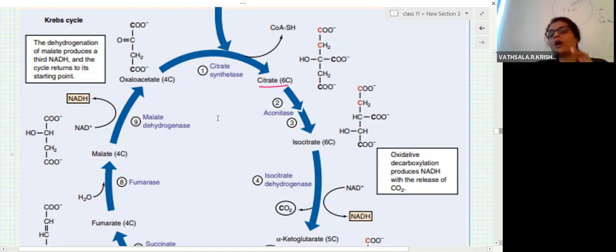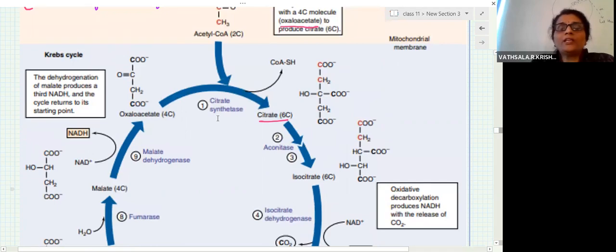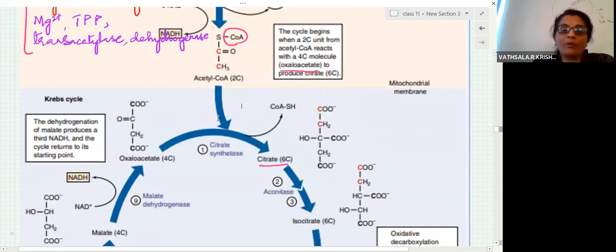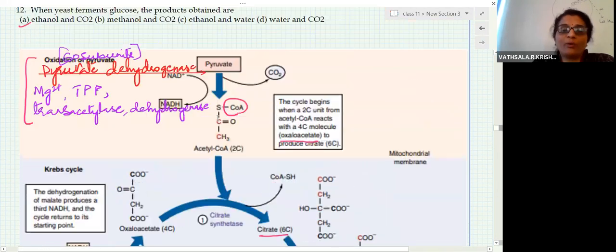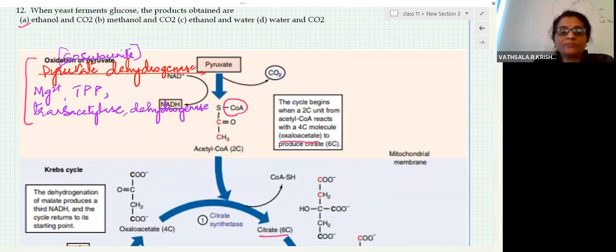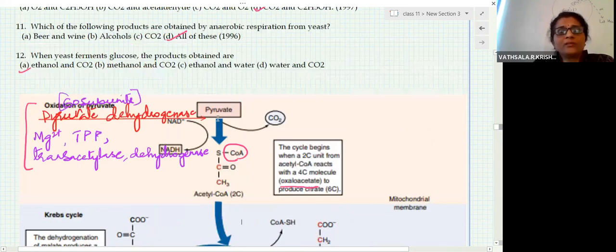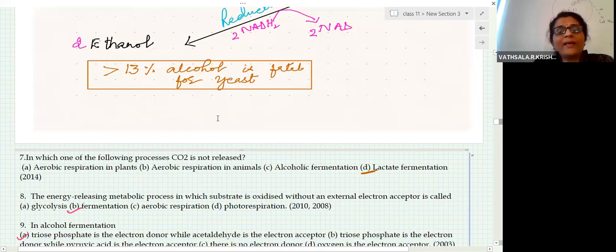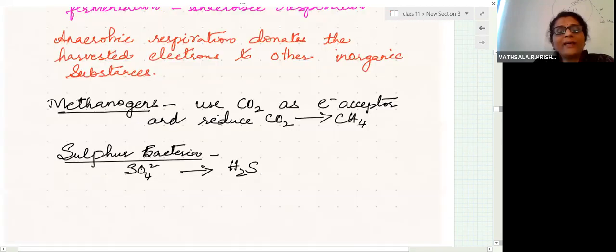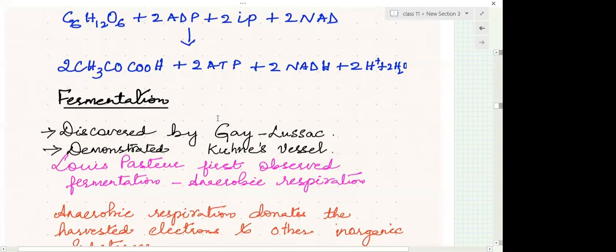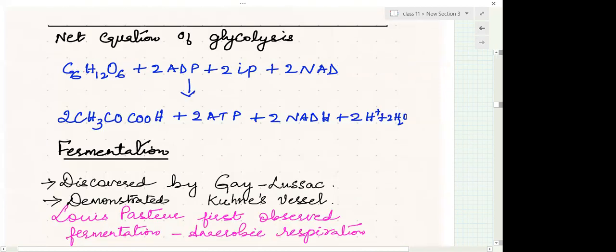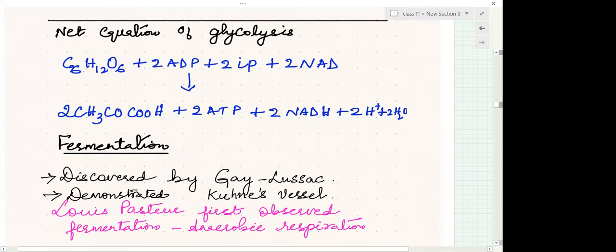Till now, how many NAD have been utilized or formed, and how many ATP? The energetics, how many have we got? See here. 2 ATP, 2 NADH.